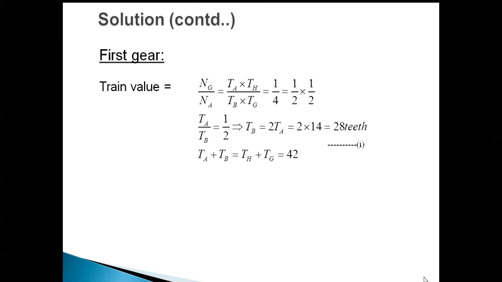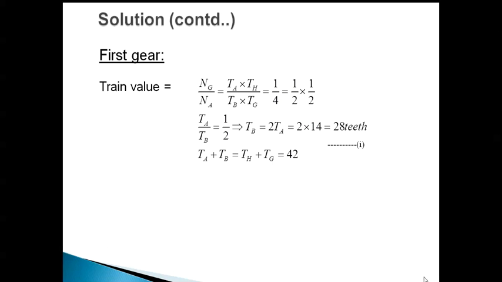For the first gear, as we know, the power is transmitted from A to B, which is on the lay shaft. And to get the first gear, the more speed reduction, gear G will come in contact with gear H. So in the first pair, A will be the driver, and in the second pair, H will be the driver and G is driven.